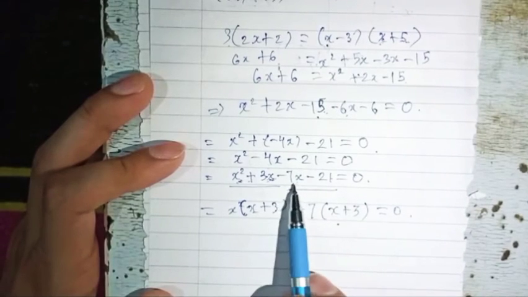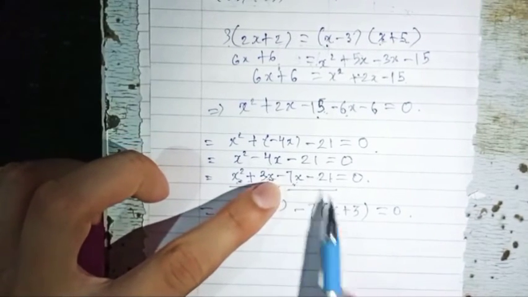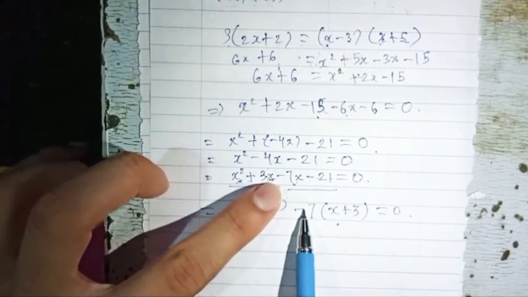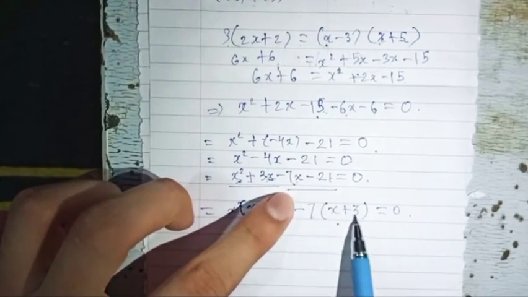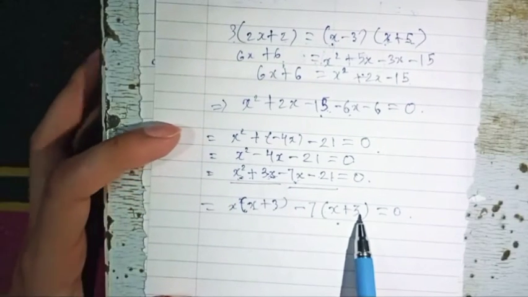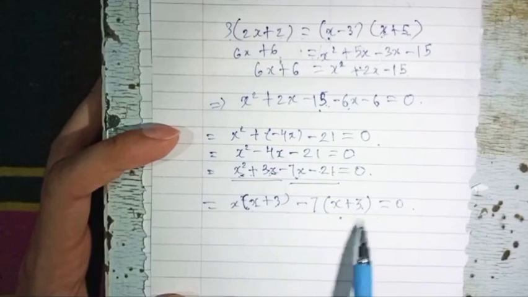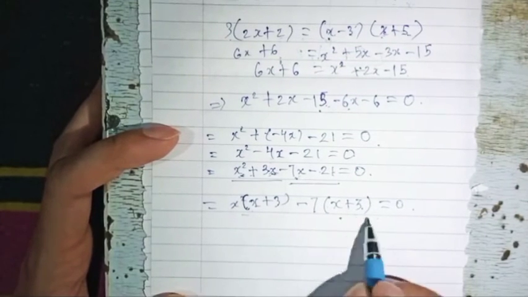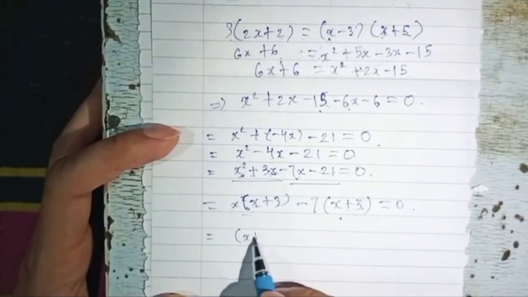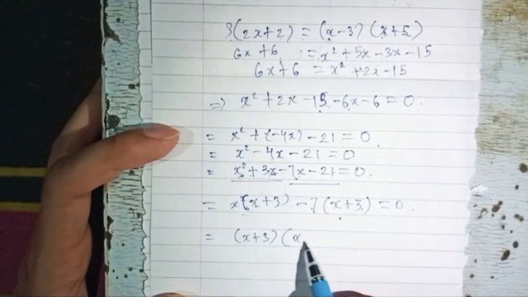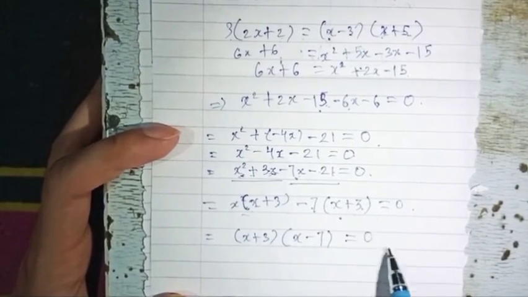Minus 7 I have taken common, so both terms become positive, 7 3s are 21, that is why 3 remains here. So the same term is there on both sides, and x plus 3 can be taken common, then x minus 7 will remain, and it is equal to 0.